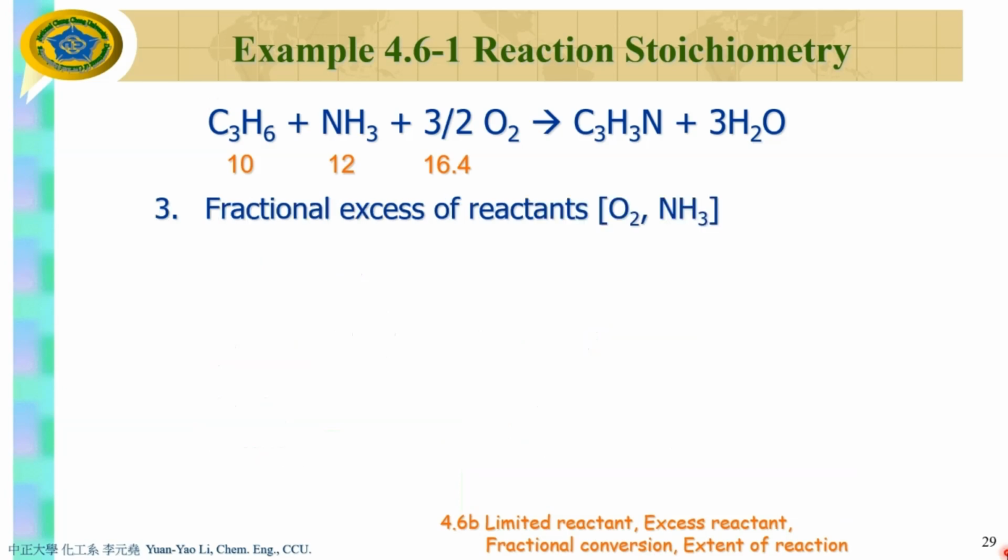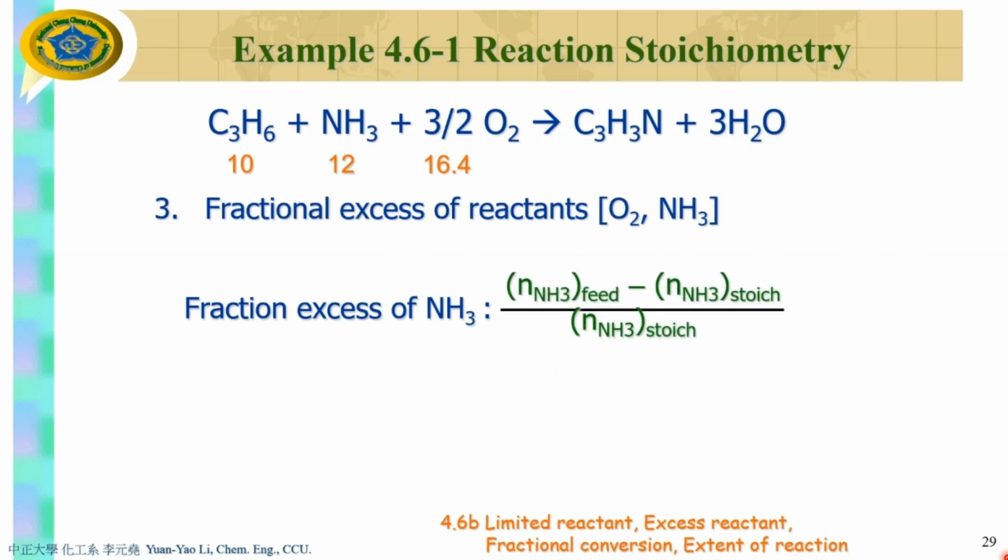And then we understand the fractional excess of the reactants, which are O2 and ammonia, you can write down. Could you please tell me what's the number for the fractional excess of NH3? If you know the definition, the feed will be 12, right?